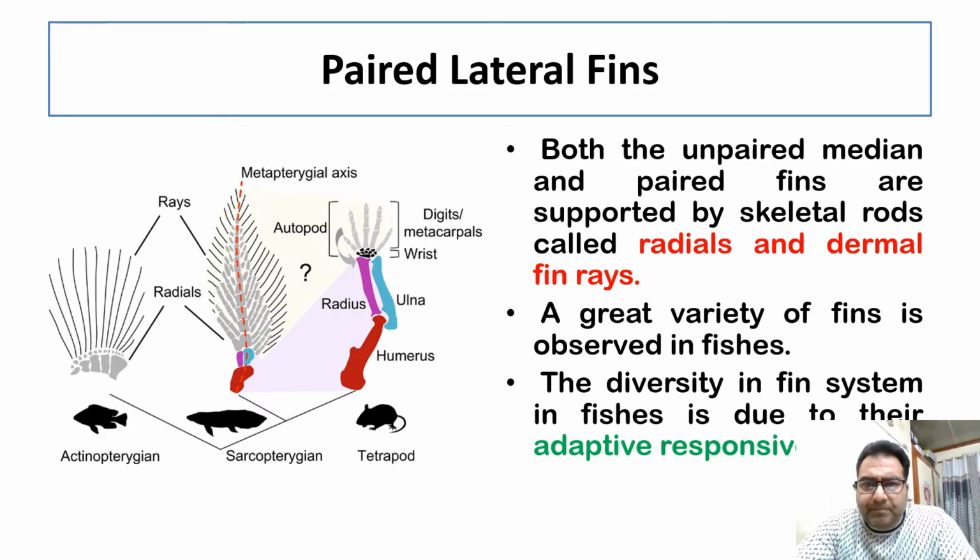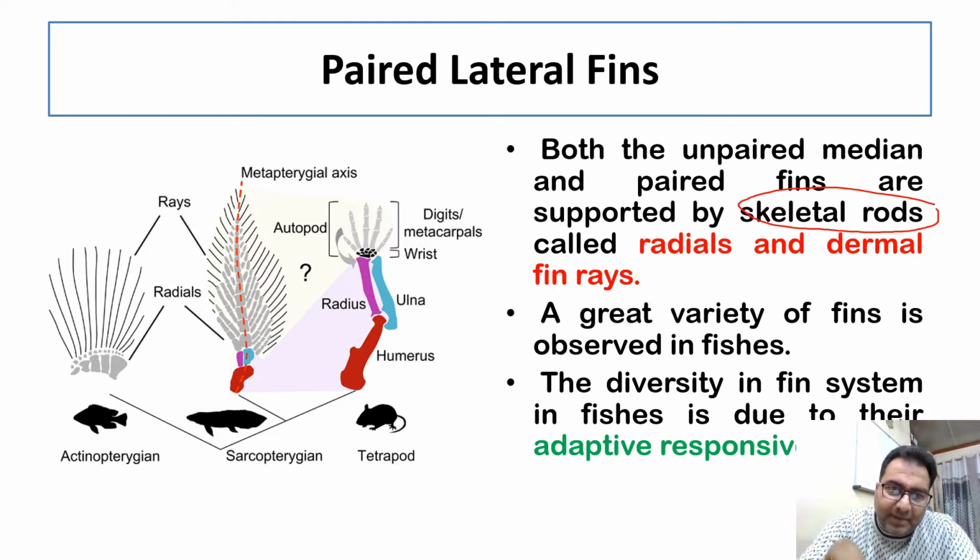Both the unpaired median and the paired fins are supported by skeletal rods, which we call the radials or the dermal fin rays. For example, in tetrapods we have the carpals, metacarpals and phalanges, but in fishes the fins are supported by the radials and the dermal fin rays.